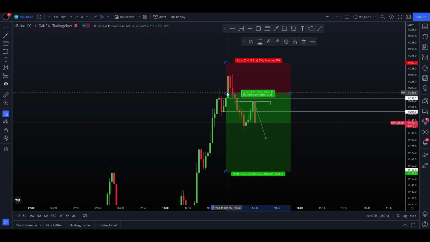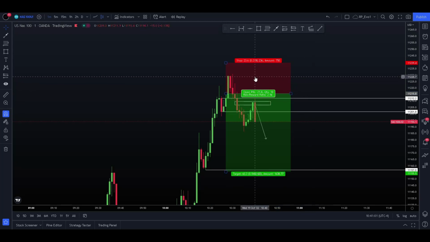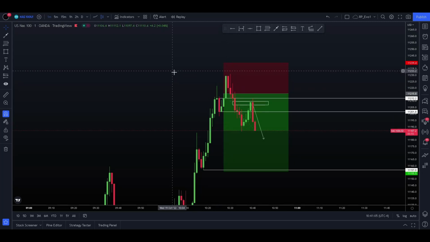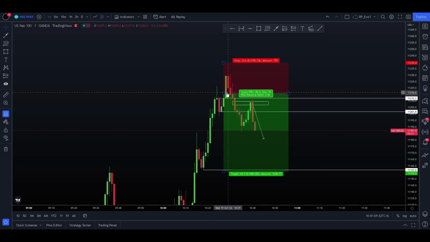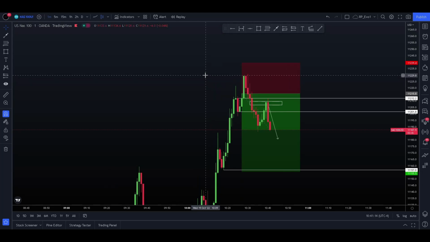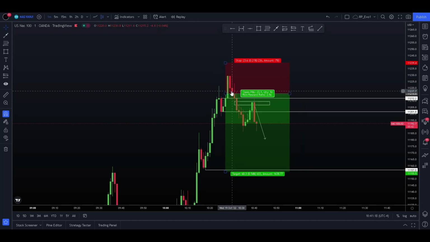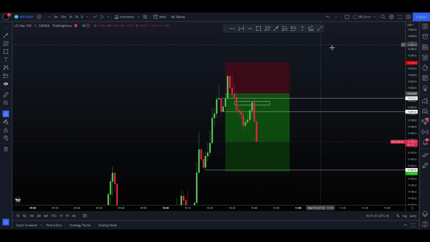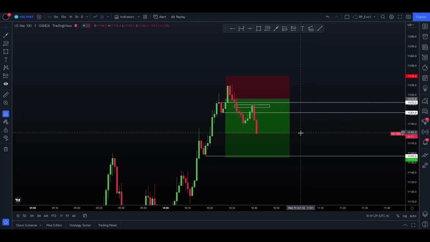We shorted basically on this candle right here, right? Yeah, this is the candle we went short on. Alright, this is looking good. Nice, nice, nice. Very good.